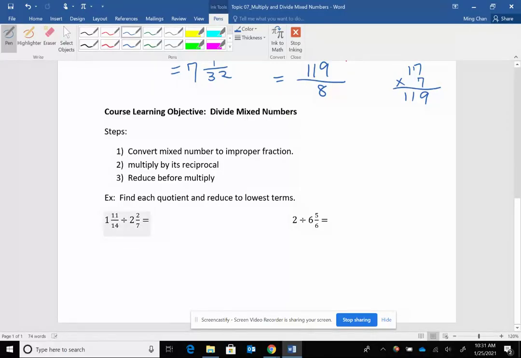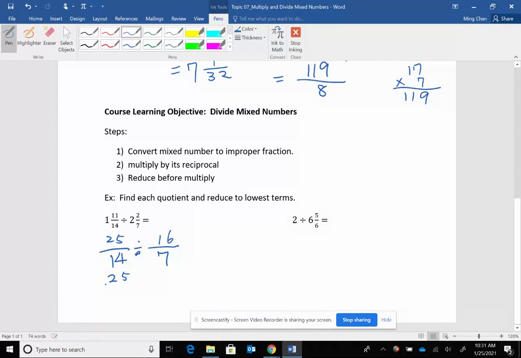So let's convert. You've got to convert first. It's very important. 14 times 1 plus 11 is 25, divided by, okay, I'm still in division. All I'm doing is converting right now. 7 times 2 is 14, 14 plus 2 is 16. Once the problem becomes division of a fraction, then I can say times by the reciprocal.